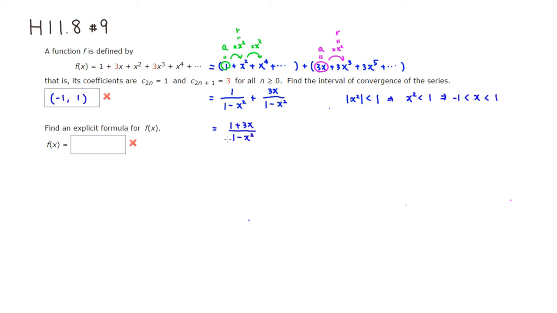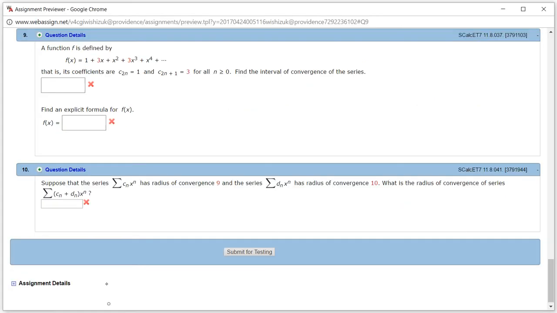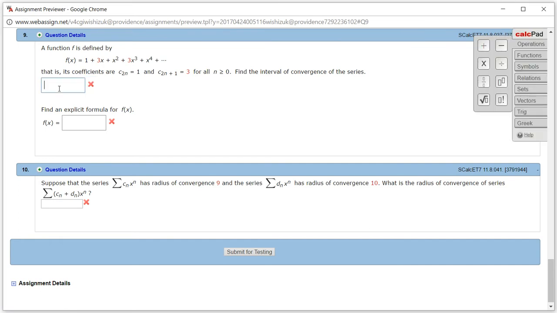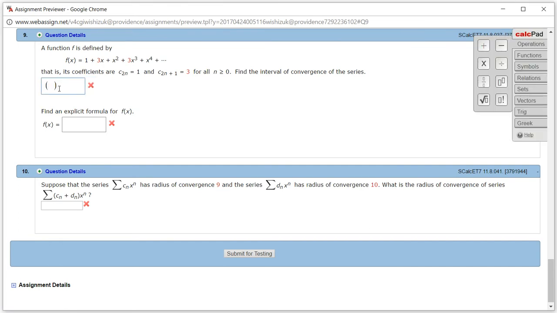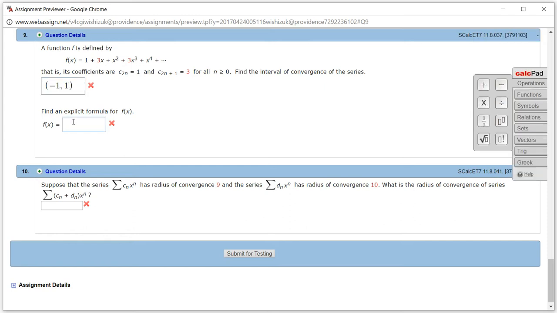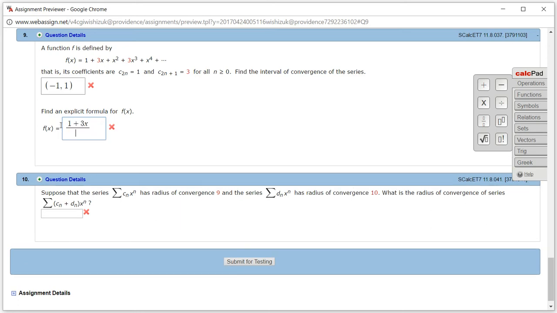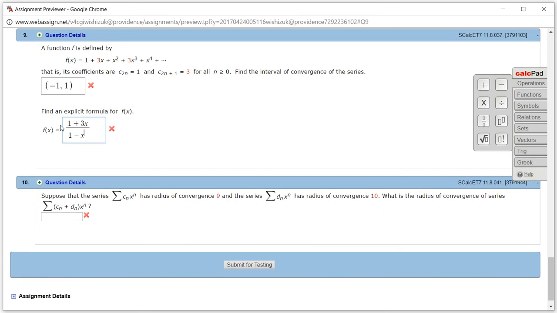So let's type it in. The interval is going to be -1 to +1, and the formula is 1 plus 3x all over 1 minus x squared.